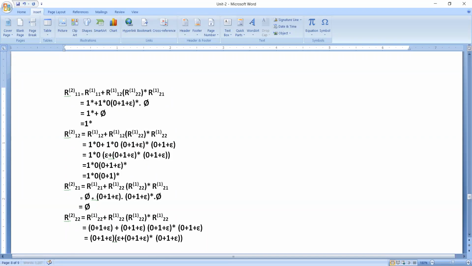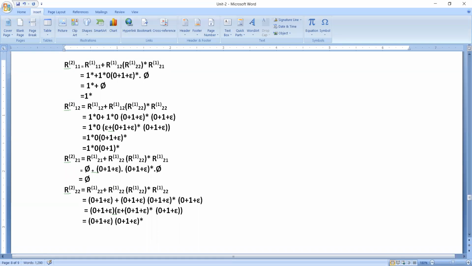Once we use that, the expression will be 0 plus 1 plus epsilon into 0 plus 1 plus this one. Now when you simplify this, it will become something like 0 plus 1 plus epsilon power plus.